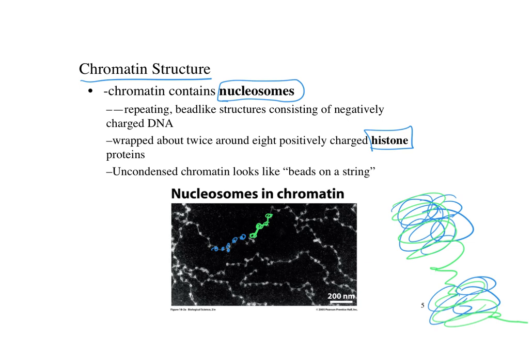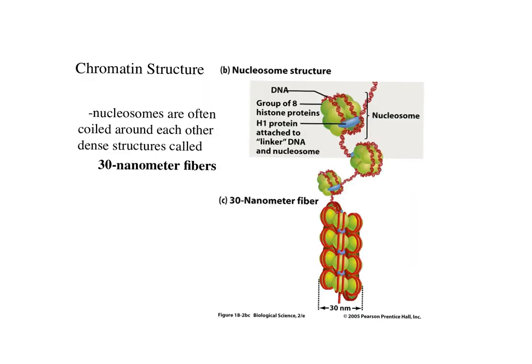Let's look at a picture, shall we? Here's the same picture, except it's a lot better than mine. It's actually 8 proteins, an octamer, and then another little H1 histone in there to help the linker. The DNA's wrapped around.